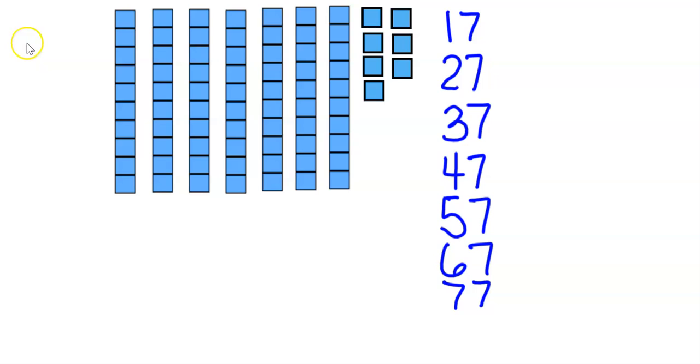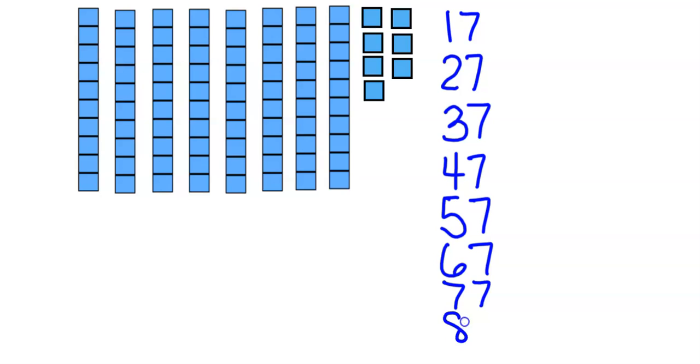Let's add another 10 rod. What number is represented now? 10, 20, 30, 40, 50, 60, 70, 80, and 7 more ones.